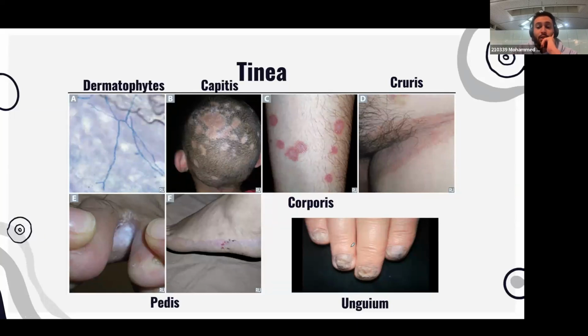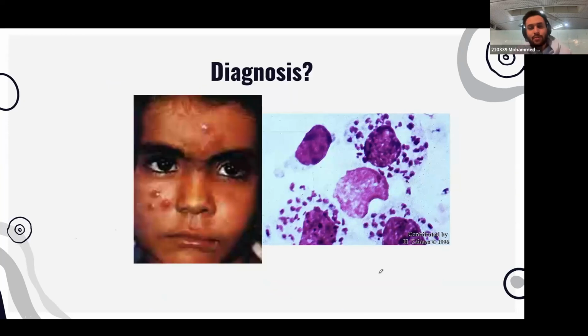So it's not onycholysis, it's onychomycosis or unguum. They're different from psoriasis. This is a fungal infection. So, last two slides. What is this disease? Leishmaniasis.